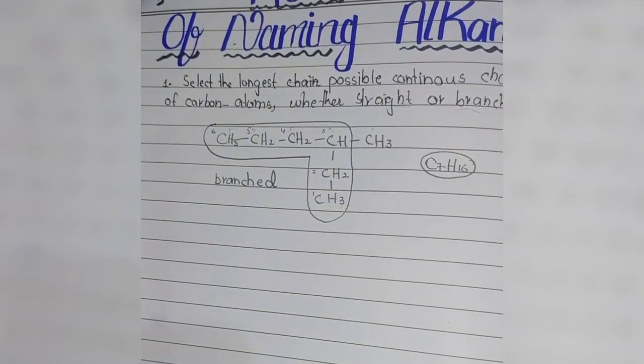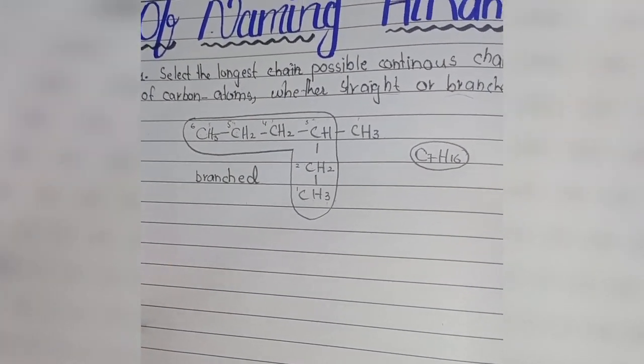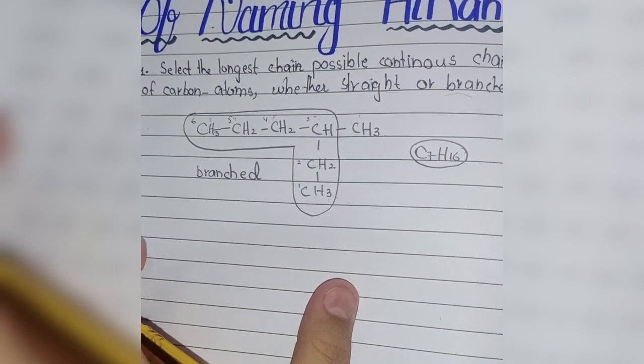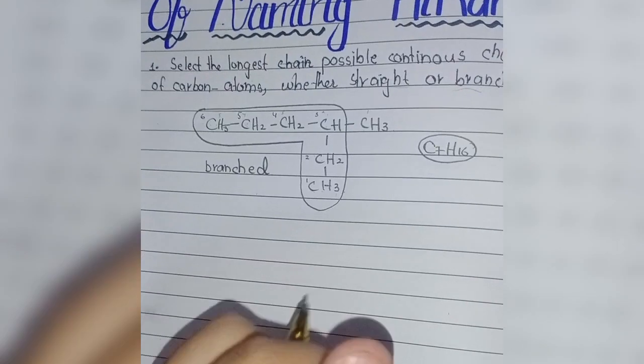Now let me write here the second rule. The second rule is assign numbering on the carbon atoms of the chain from the end to which the branch or the radical is nearer.